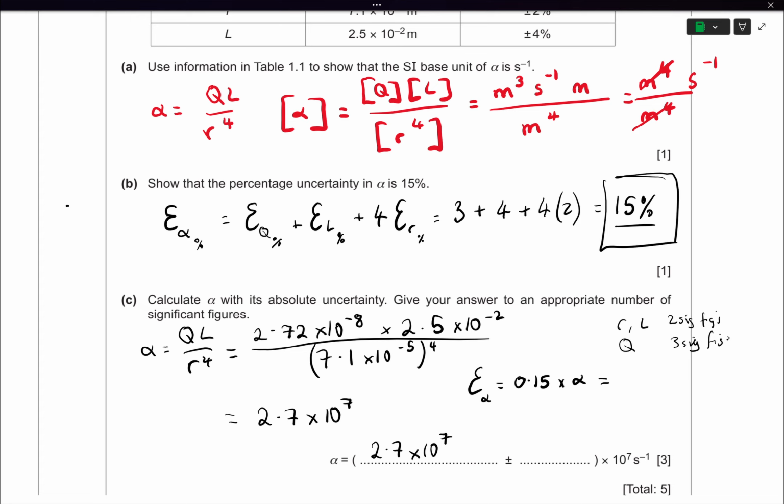If we're going to write it down, we need to write it to the same number of significant figures. So it makes most sense to write it as 0.4 times 10 to the 7. So here I can put in my 0.4 times 10 to the 7 so that it's quoted to the same precision, the same number of decimal places as my result.